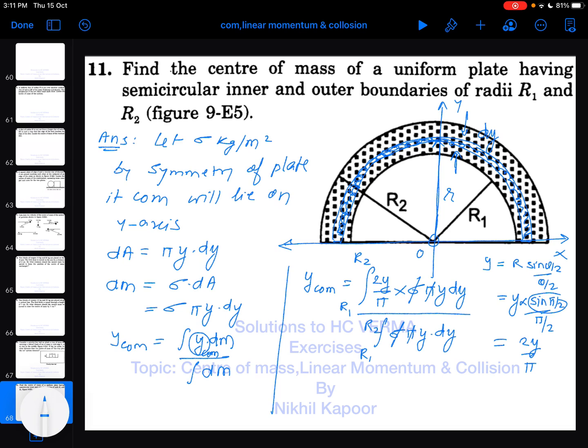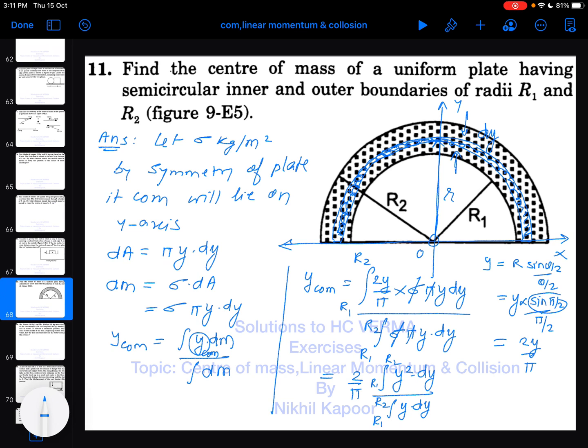Sigma and pi are constants and they get cancelled out by taking them outside, while 2 upon pi will remain as it is. y into y becomes y square dy upon integration y dy, limit varies from r1 to r2.